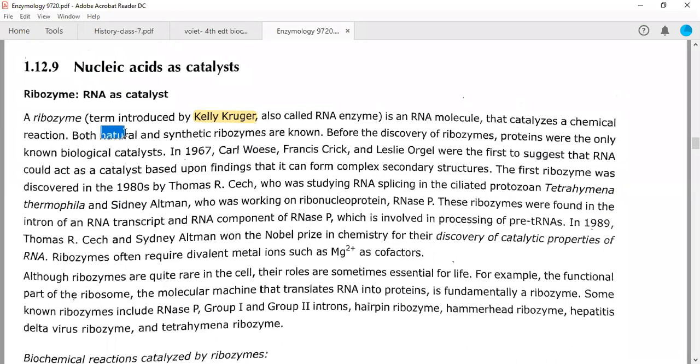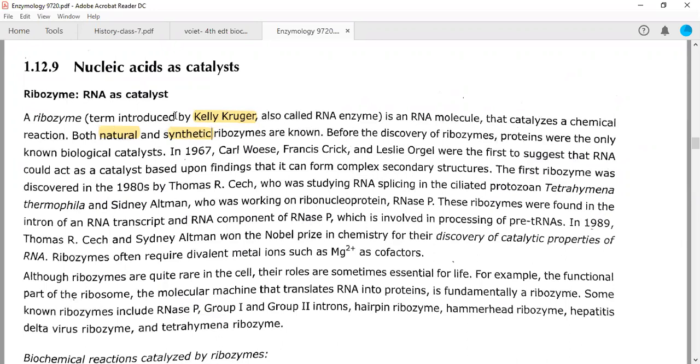There are two types of possibilities: either they are present naturally, or they are synthetic, meaning human made. About the DNA enzymes, they are mostly synthetic. They are very rare naturally, but they can be synthesized in the laboratory. I'm talking about DNA enzymes. Ribozymes are of two types, either natural or synthetic, and they are well known.